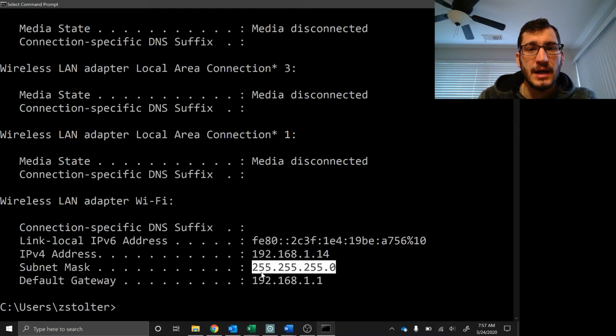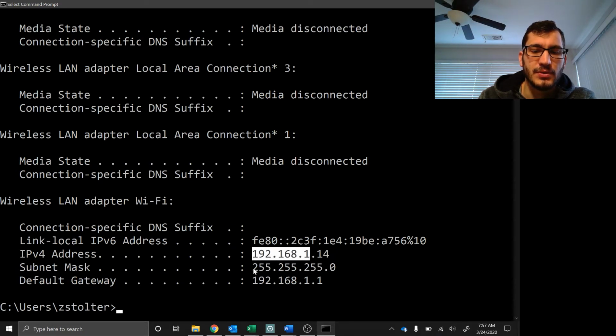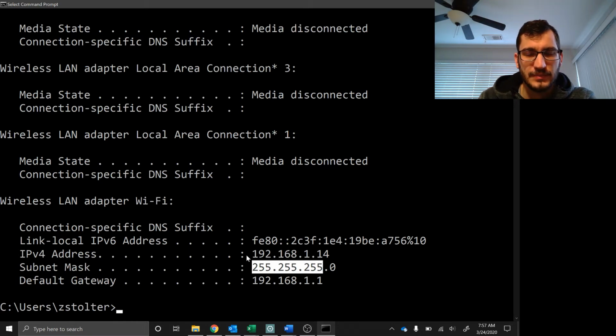And what that means is on your home network, every IP address is going to start with 192.168.1, because those are the 255.255.255. The IPv4 address and the subnet mask, they're very closely interlinked.